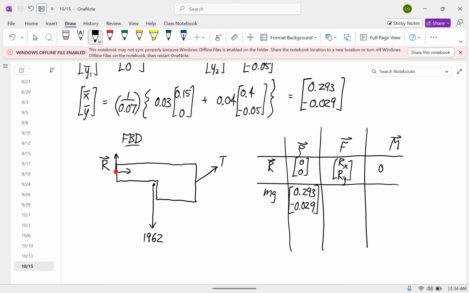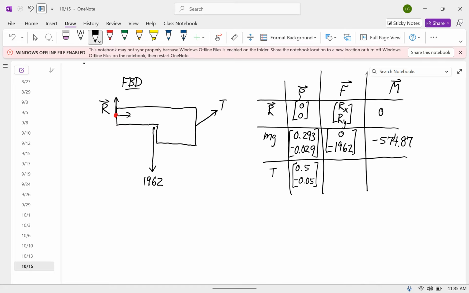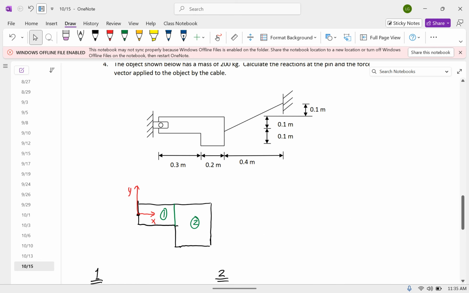And now we have that cable force. The location of that is 0.5 for X, negative 0.05 for Y. And now we have to figure out the unit vector for that force to represent the force vector. So that goes up 0.2 and over 0.4.